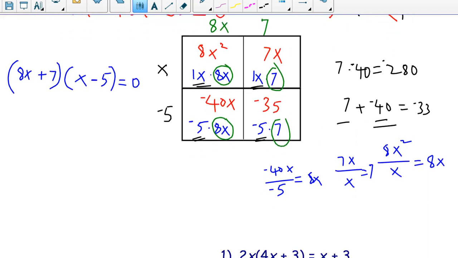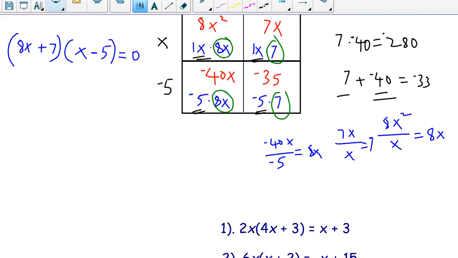Okay, now we have to solve. Let us solve these two linear equations, because using zero product property. Now I am writing 8x plus 7 is equal to 0, comma, x minus 5 is equal to 0.